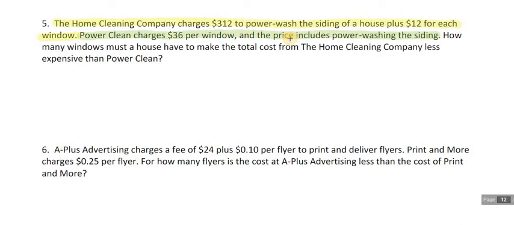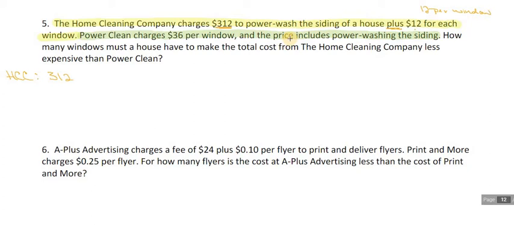Home cleaning company's cost is broken down using two pieces of information. So home cleaning company, they charge a flat fee of $312 plus $12 for each window, or $12 per window.